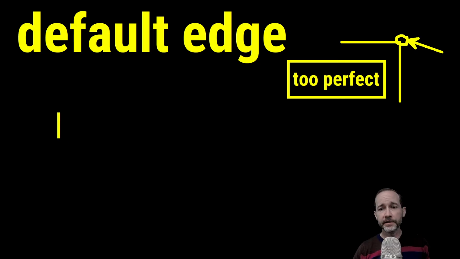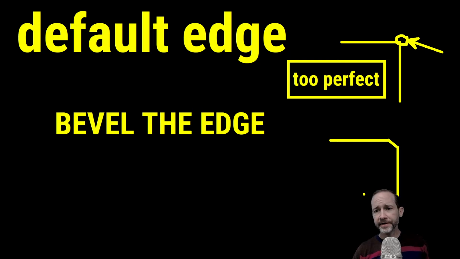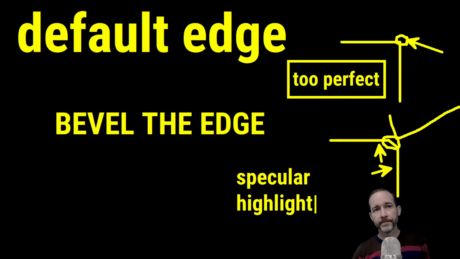So we need to bevel the edge in order to have some kind of surface that the light can bounce off of, right? Now there's an extra face there at an angle in between this and this. And so when light hits it, it'll bounce off, and this will appear like a specular highlight.